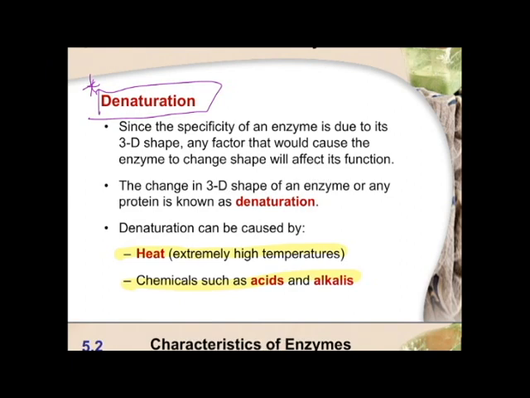These are the bonds that hold onto the shape of the active site. When these bonds are disrupted, your whole active site will be destroyed, and that's where your enzyme has undergone denaturation.